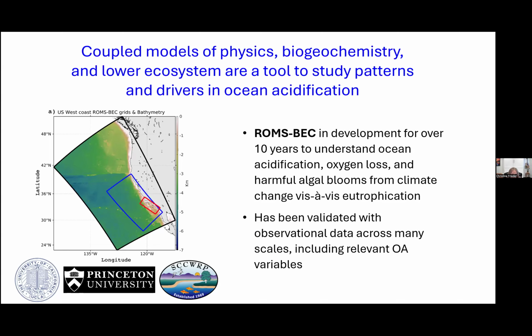The primary ways in which you can access interpretations and synthesis of these model outputs has been via publications. And there are a series of publications from ROMS-BEC on ocean acidification. And the model's been really well validated with observational data across all these domain scales, even for relevant ocean acidification variables.